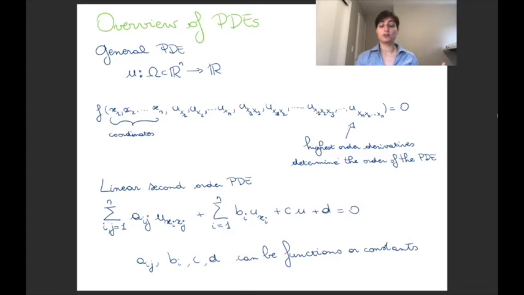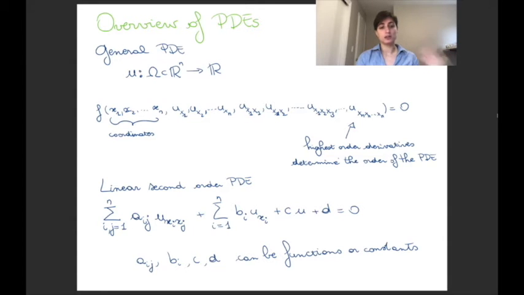We haven't looked at general order PDEs. We have settled ourselves to look at second order PDEs. In general, a linear second order PDE has this form.